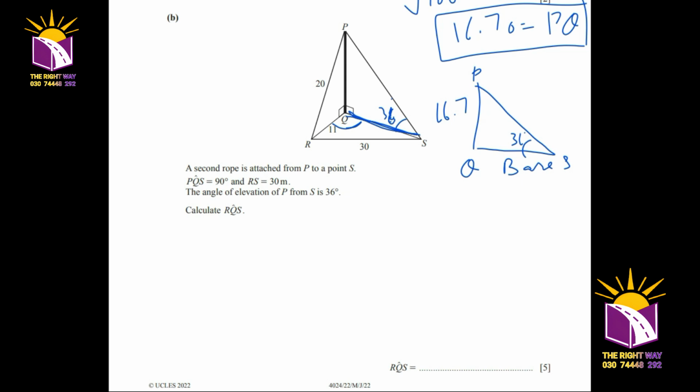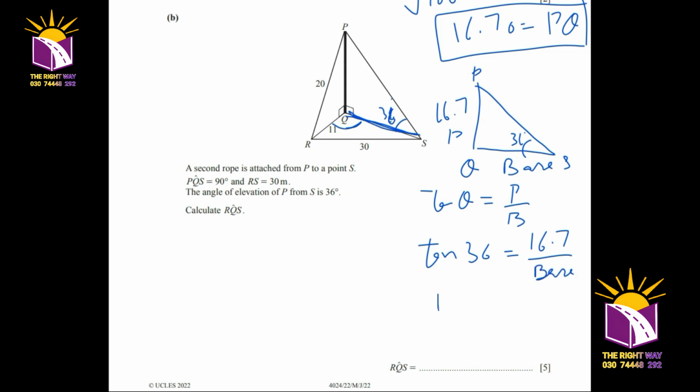So using the formula base and perpendicular, tan theta is perpendicular over base. Tan 36 will be equal to perpendicular 16.7 over base, and I have to find the base.